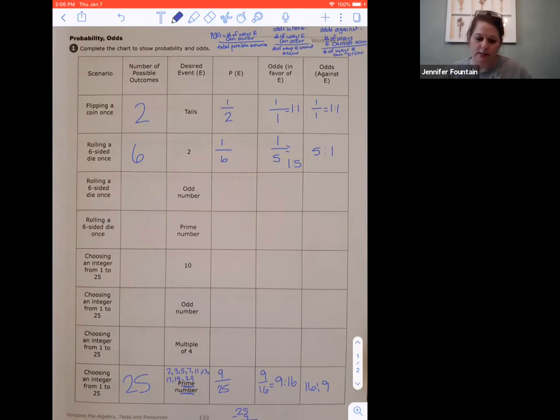Let me flip through, because I know since I'm doing it in a different order than our book.